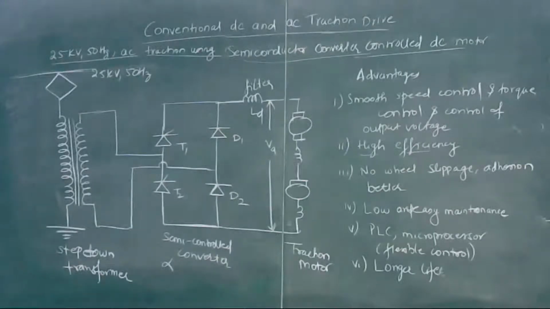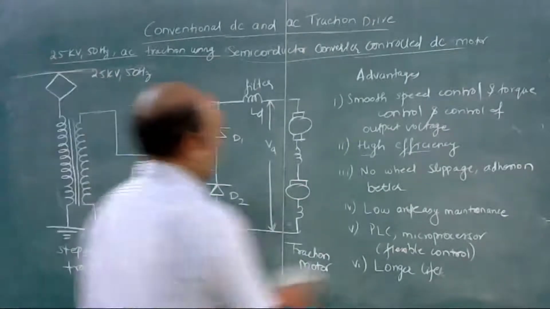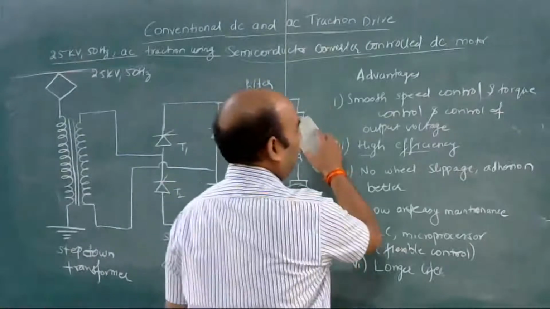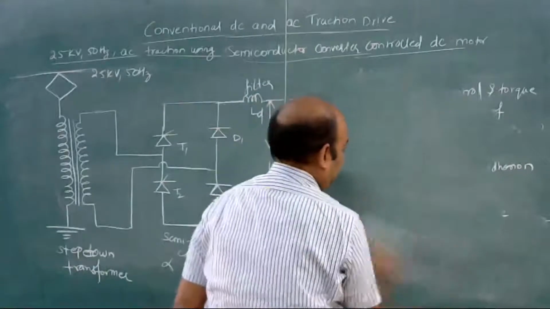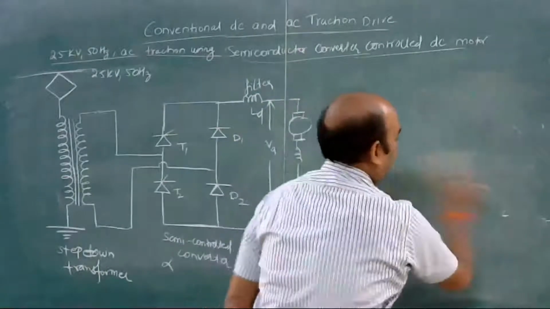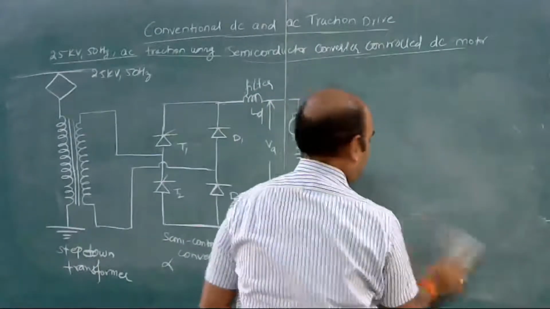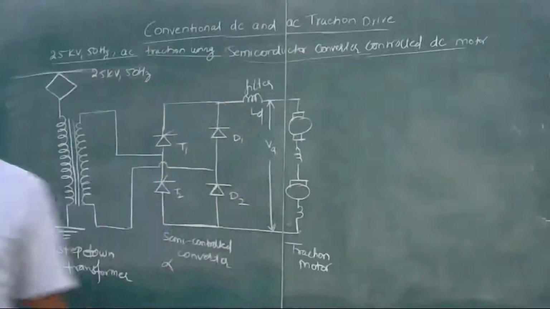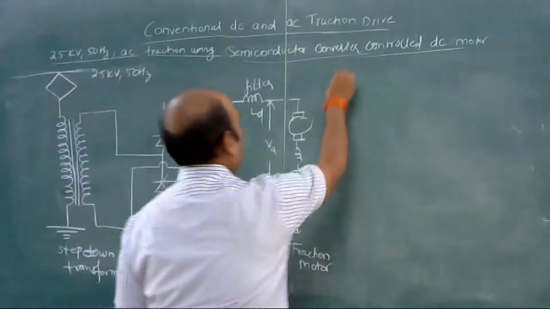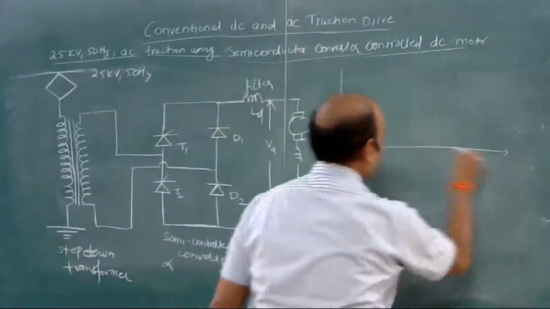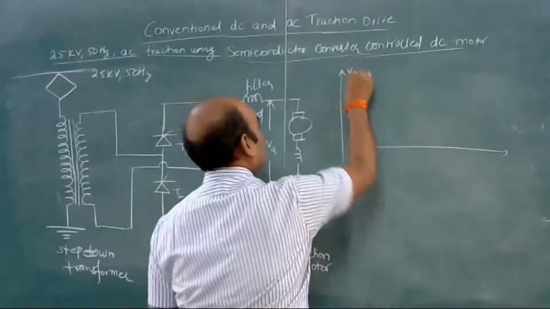So now we will see the output voltage and current taken from the supply. Okay, so we will now draw the characteristics of output voltage. Okay, so this is Va.